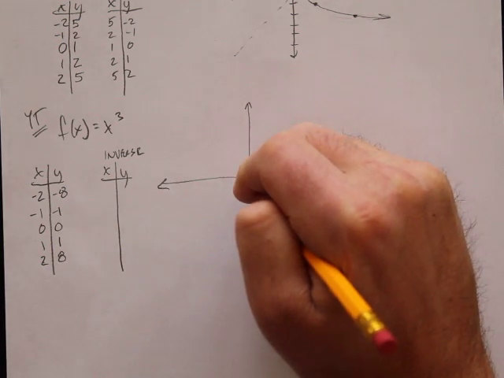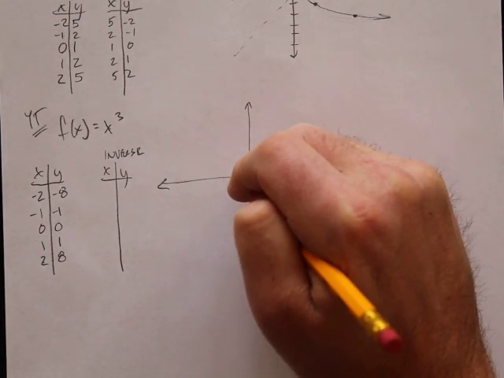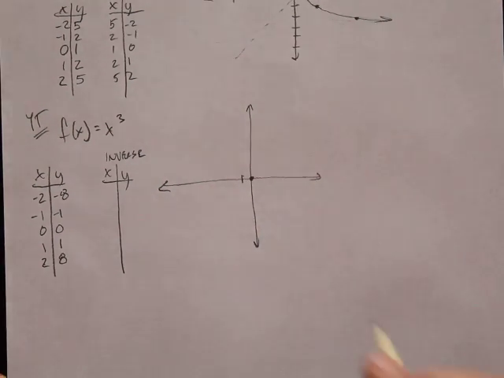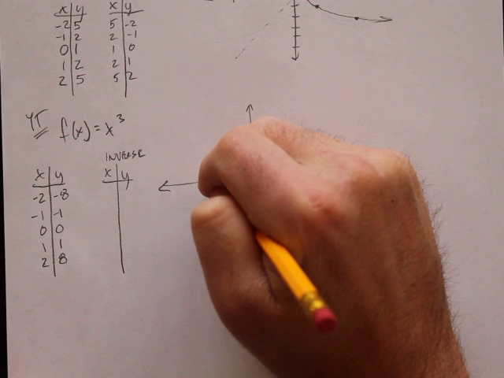So let's plug in these points. 0, 0. I should make these, oh no, I got 8 to go.